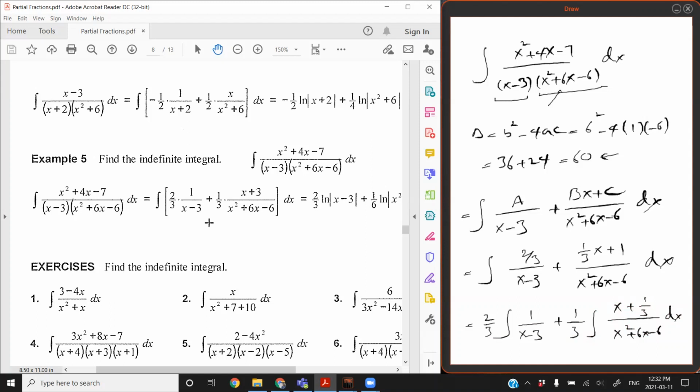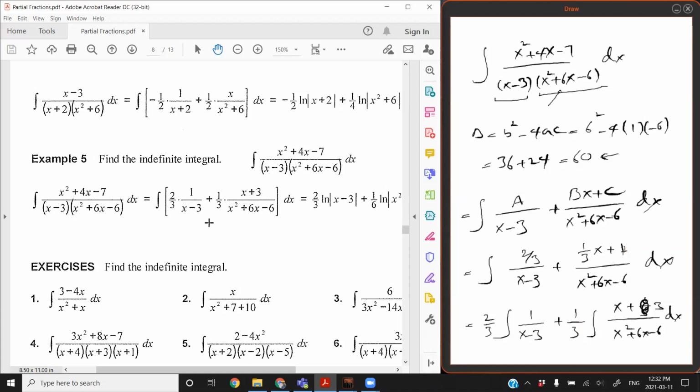Make sense? Because 3 times 1/3 is going to be 1. That is, if you multiply back this and this, you get 1/3 x. And if you multiply 1/3 and 3, you get the 1 over here.